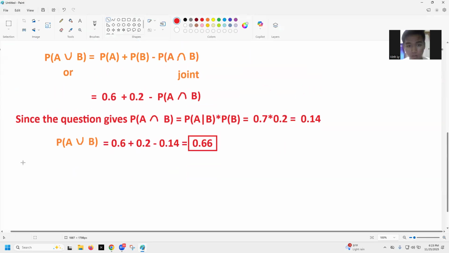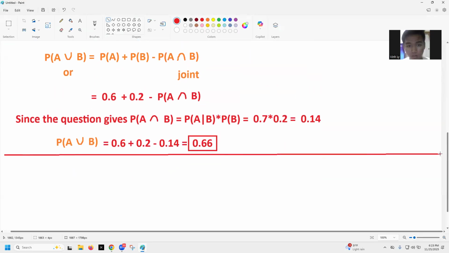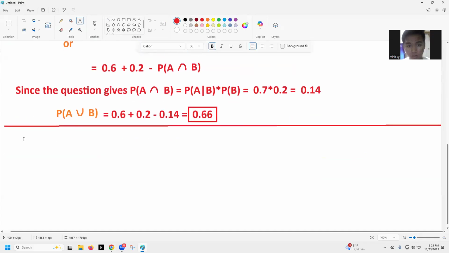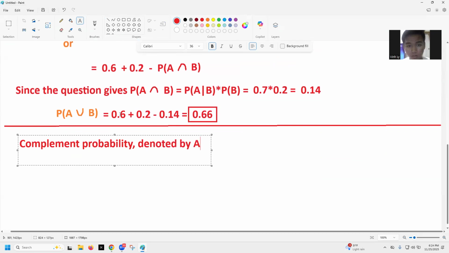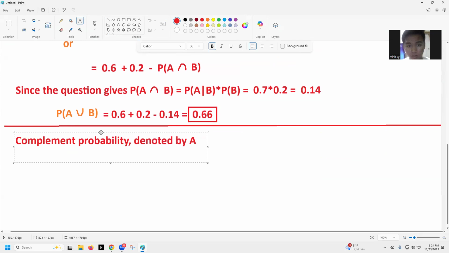One more thing that I really want to mention is the complement. So the complement probability, denoted by A^C, correct? That's what you asked me.